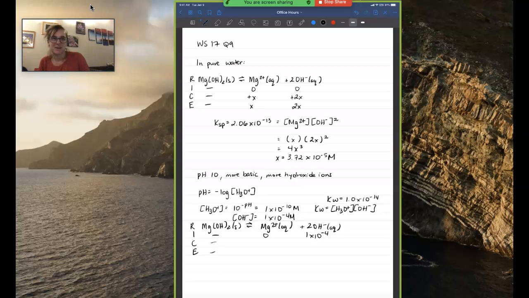We're initially starting with this buffered system, so the concentration is a little bit more significant than it would have been in pure water. You know, in pure water, it's about 1 times 10 to the negative 7th, and so typically we don't include that number up here. We just say 0. But now we're getting something a little bit more concentrated, so you would want to include that and see how it affects the molar solubility.